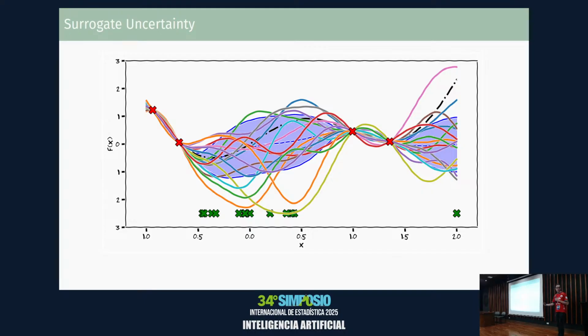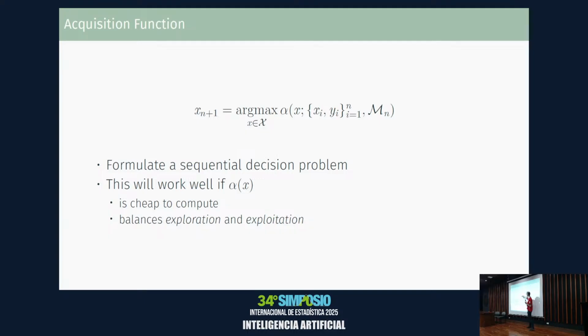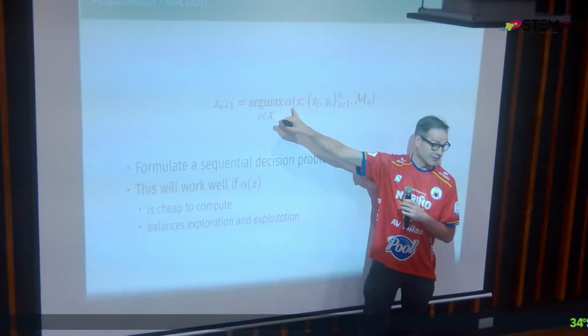What we're going to do is that we're going to formulate something which we're going to call an acquisition function. So it's the function that tells me how I should acquire data, right? And we're going to say that the next data point that you're going to query, the next x location, is the x point that maximizes this acquisition function.